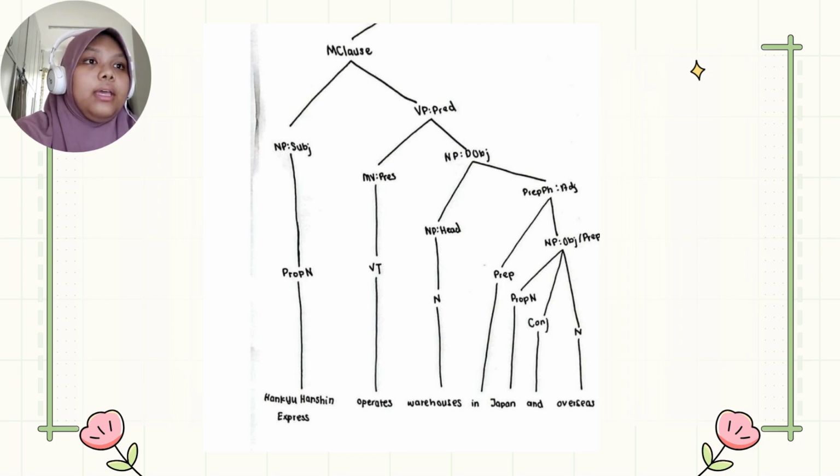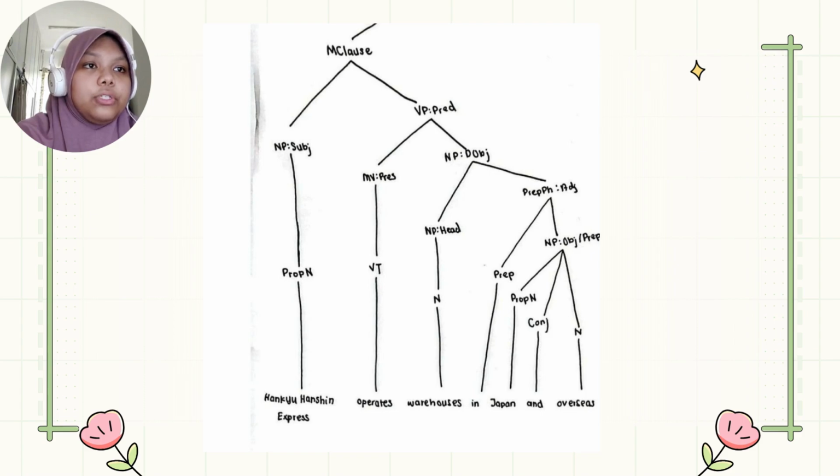And then after the direct object, one more branch: we have a prepositional phrase that is functioning as an adjective. The whole constituent in Japan and overseas is a prepositional phrase that functions as an adjective for the warehouses. It explains more about the warehouses.